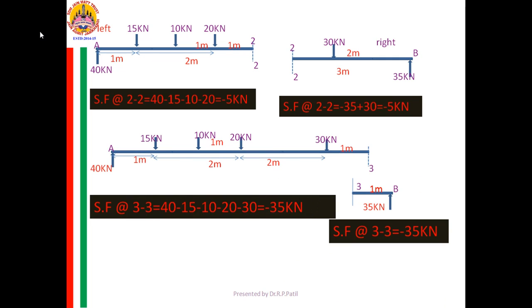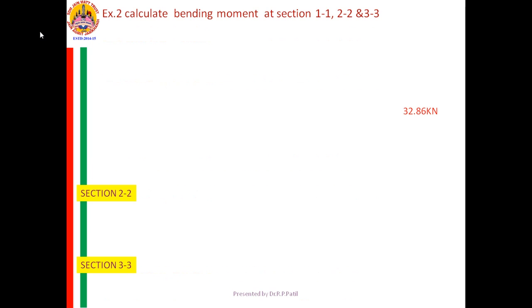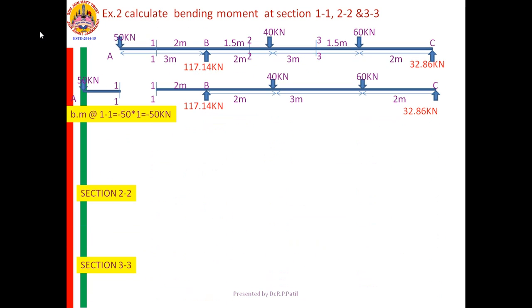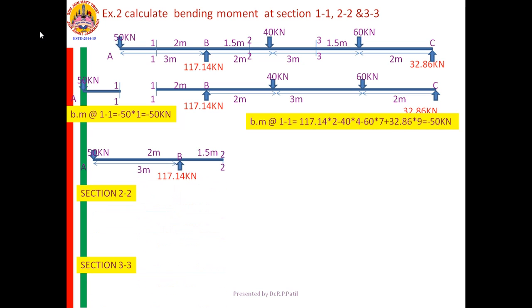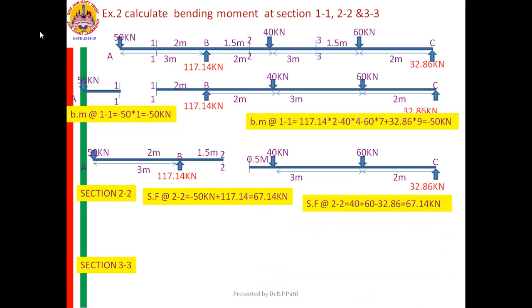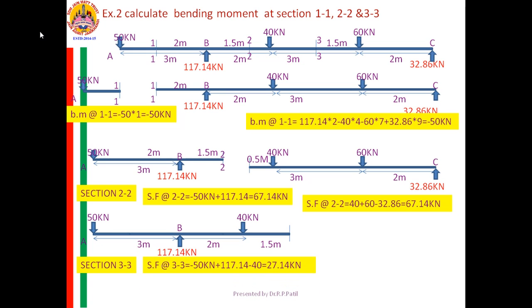Like that, shear force and bending moment are changing when you are changing the position of the section. It may be shear force or may be a bending moment. Like here it is 50. Here it is 67.14. Here it is 27.14.